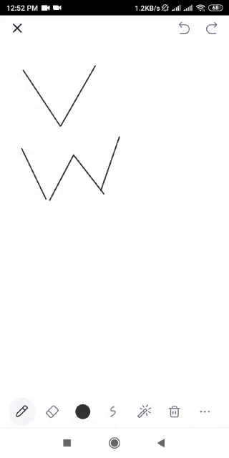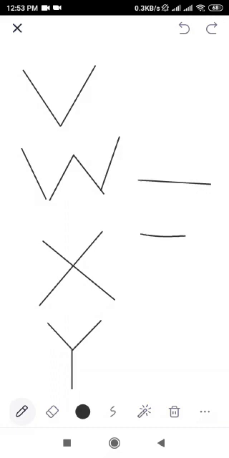It means 4 cross lines we use in letter W, right? Then in letter X, we use two cross lines. In letter Y, we use two cross lines and one standing line. And last letter, that is Z. It is made up of two sleeping lines and one cross line.